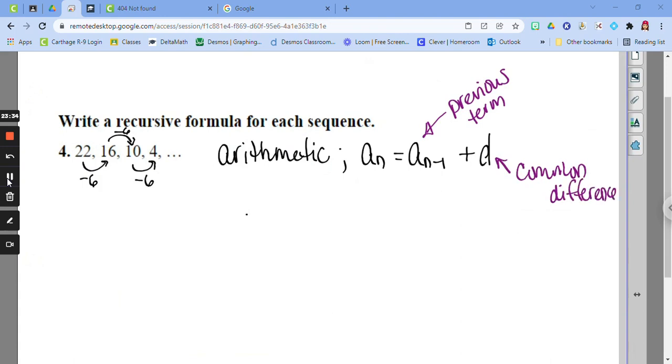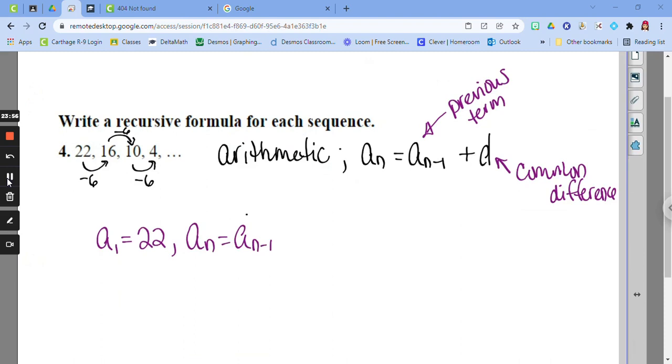So, here we go. The first term in the sequence is 22. And now I just put in the common difference.